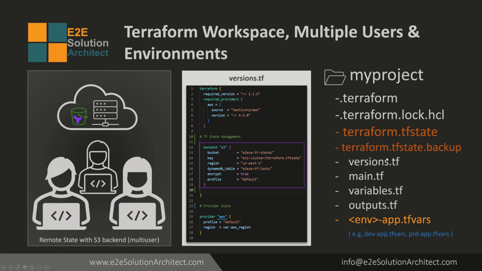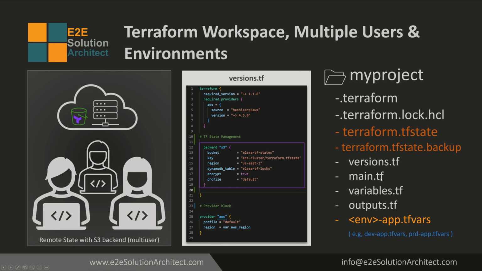Now come four .tf files which are managed by the developer. The versions.tf, I'm revisiting it very quickly: I recommend keeping all your versions in versions.tf, so you know by name that every version is in versions.tf. The next is main.tf.